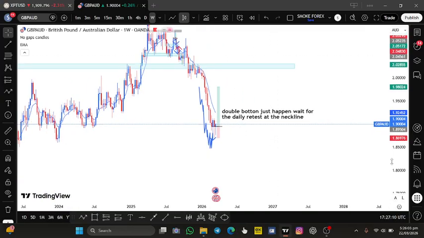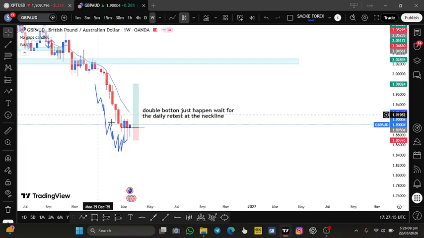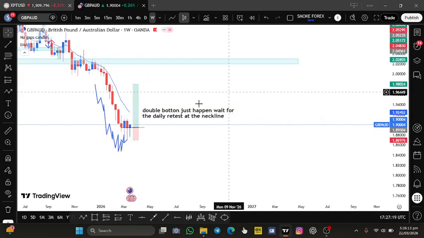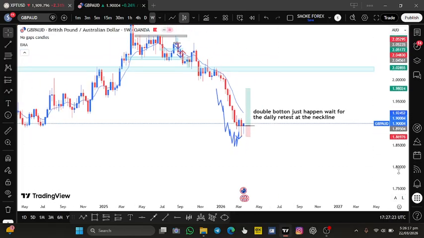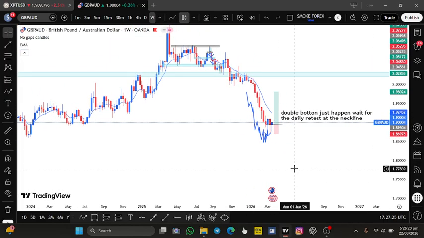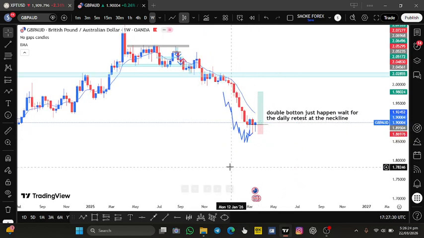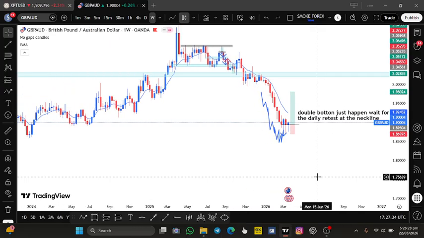You can clearly see that the weekly is giving us a rejection candlestick. That means next week we could be buying, because the moment the weekly tapped this zone, the weekly showed rejection.